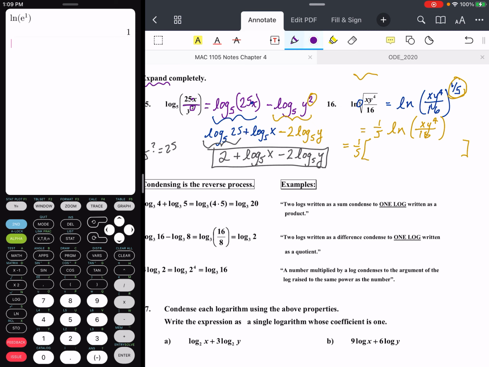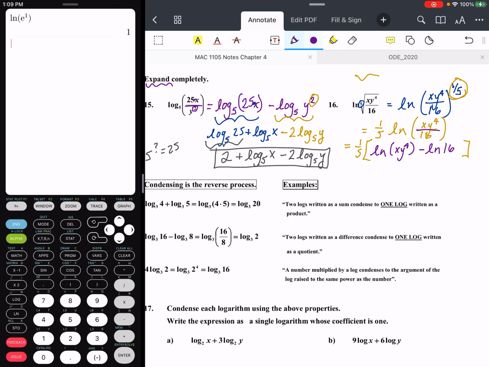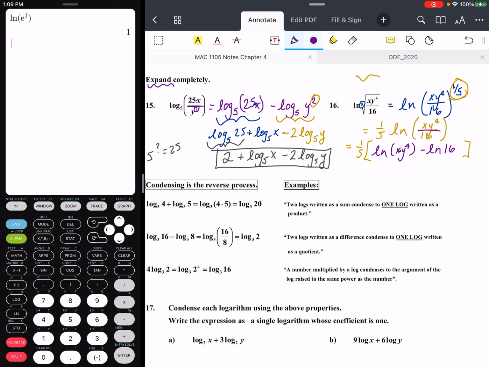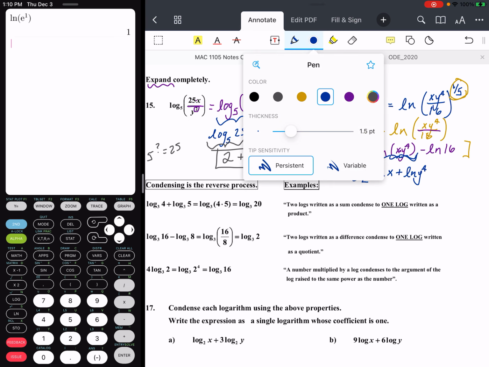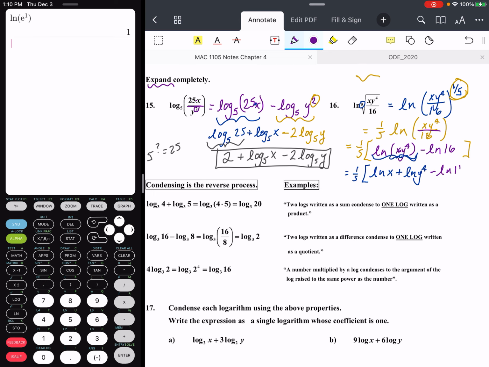Continuing to expand, I've got my quotient rule next. So I can break this into the natural log of xy to the 4th minus natural log of 16. And then I've got a product in here. So let's keep picking away at this guy. I've got my 1/5 on the outside this whole time. I continue carrying it down. Natural log of x plus natural log of y to the 4th. And then I just continue carrying down that minus natural log of 16.